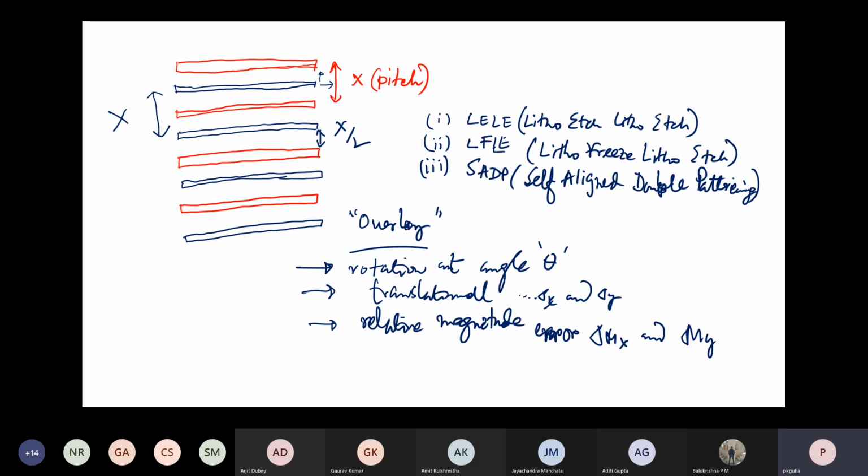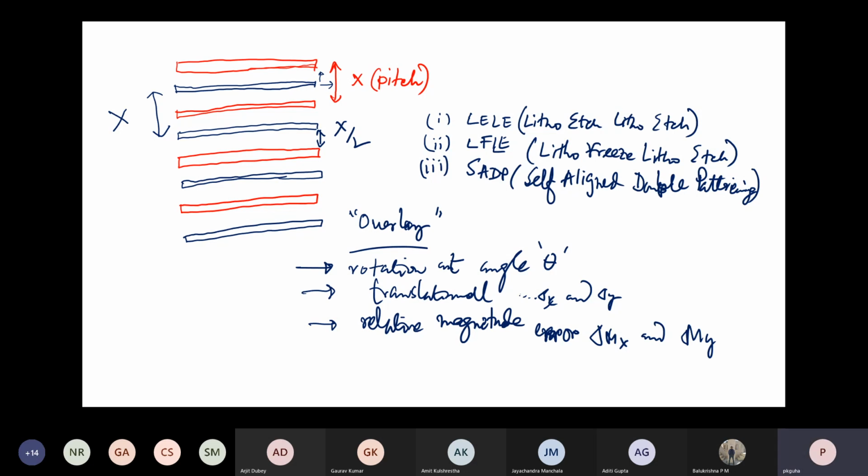Overlay control has become even more critical now because the combination of increasing pattern density and innovative techniques such as double patterning and 193 nanometer immersion lithography creates a novel set of pattern based yield challenges at 45 nanometer technology node and below, okay.